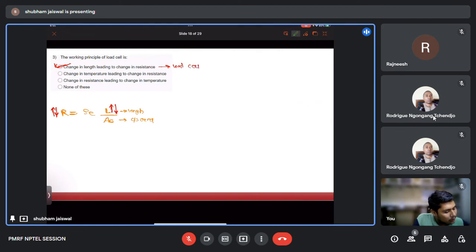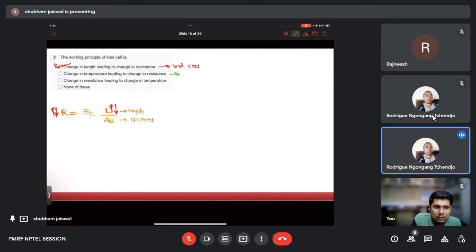So can you tell me, when do we use change in temperature leading to change in resistance? Mr. Roderick, where do we use that principle? In temperature measurement.